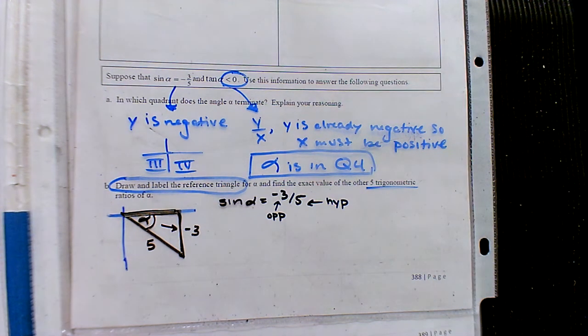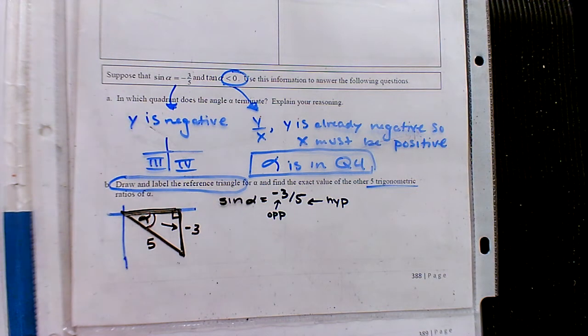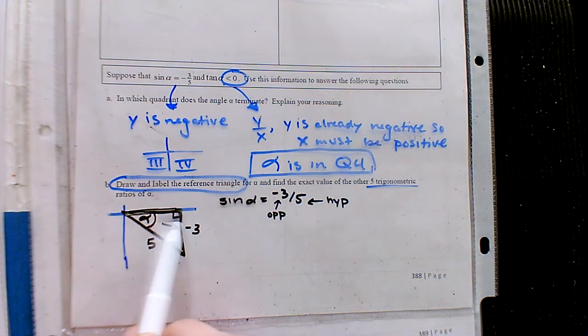Just like yesterday, we're starting to have this reference triangle be formed. Let's figure out this missing side, because if we're going to go through all of the SOHCAHTOA relationships, we need to know the opposite side, the adjacent side, and the hypotenuse. So how can we figure out that missing side? Pythagorean theorem.